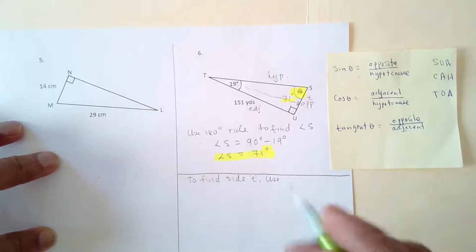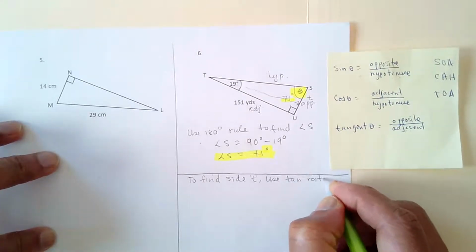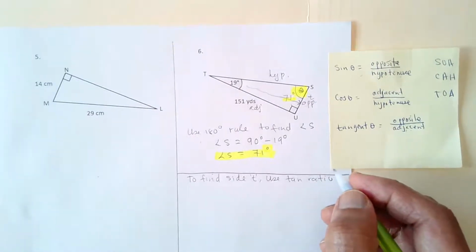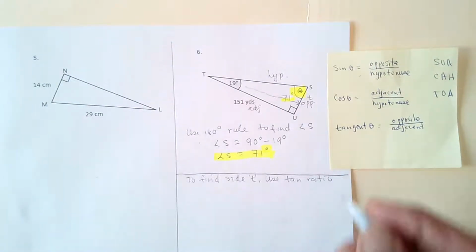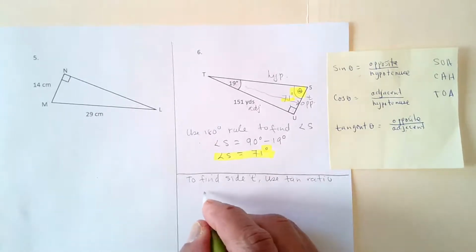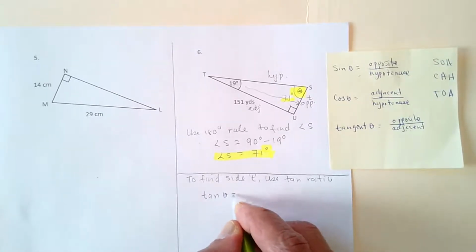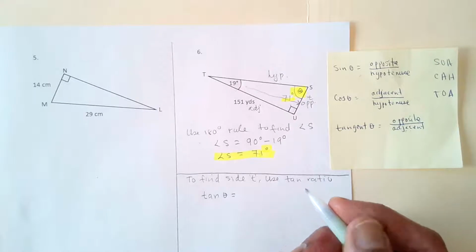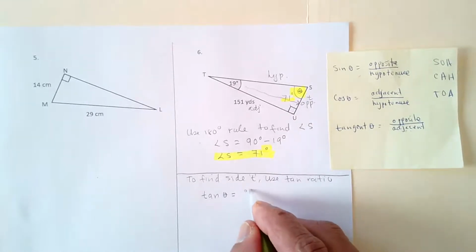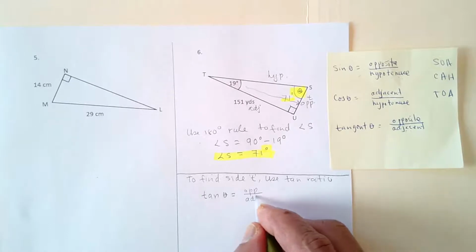So we use the tan ratio. So we have tan theta is equal to opposite over adjacent.